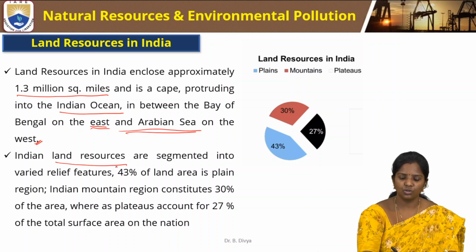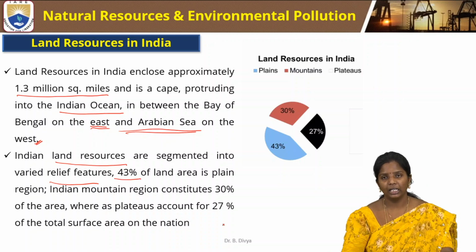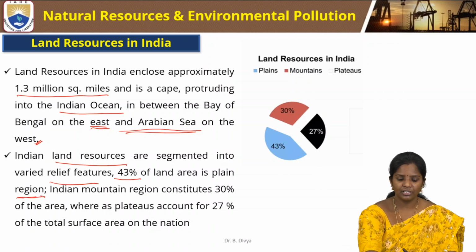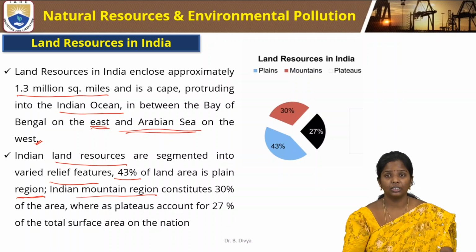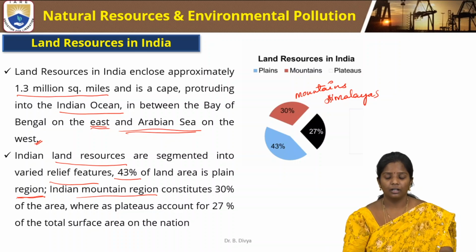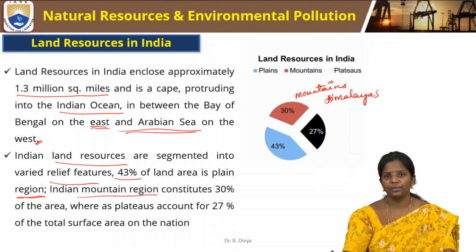Indian land resources are segmented into various relief features. How? 43% of the land area is plain area, which means it has a plain surface. Indian mountain regions constitute about 30%. The Himalayas, for example, contain mountain regions at higher altitude, so they cannot be used for habitat purposes because we cannot live on that type of land.